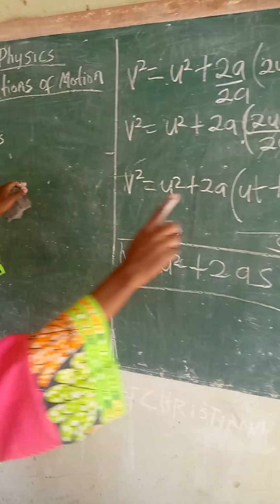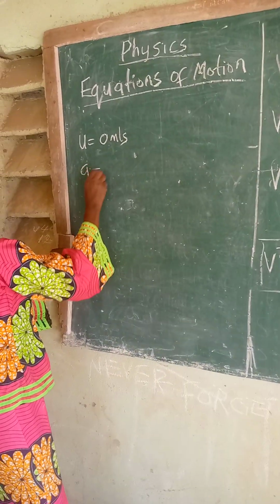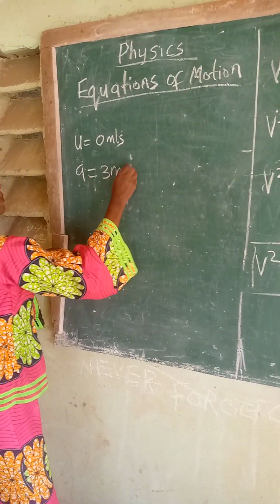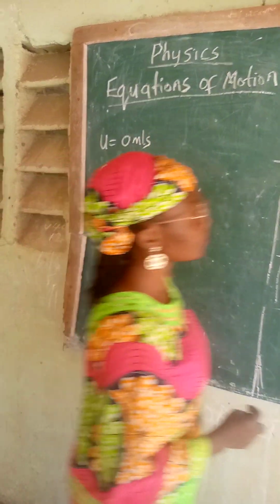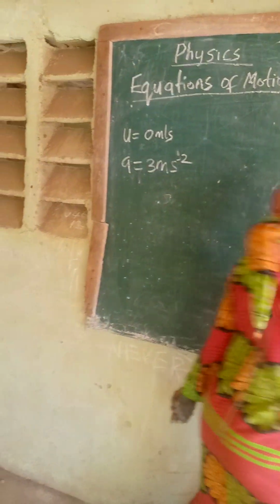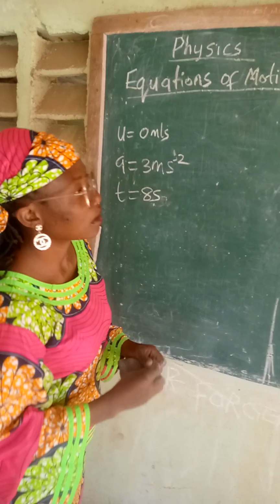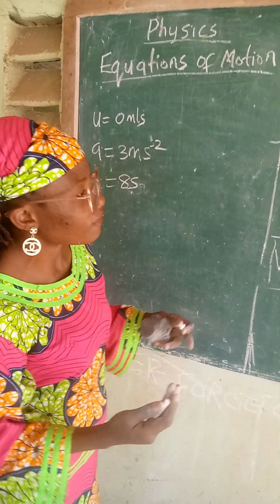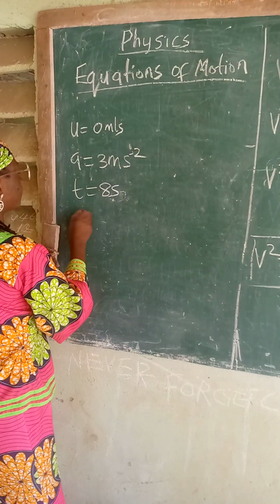At the rate of 3 meters per second squared means the acceleration is 3 meters per second squared, and the time is 8 seconds. Calculate the distance covered by the body during acceleration. So we are looking for S.